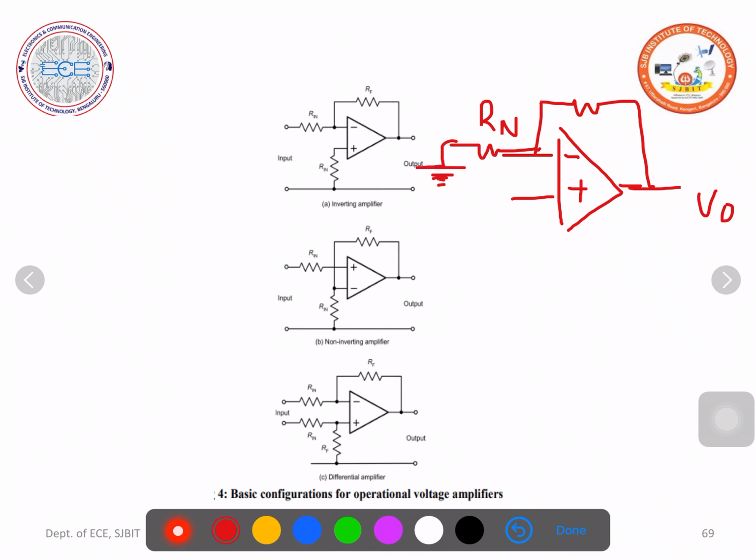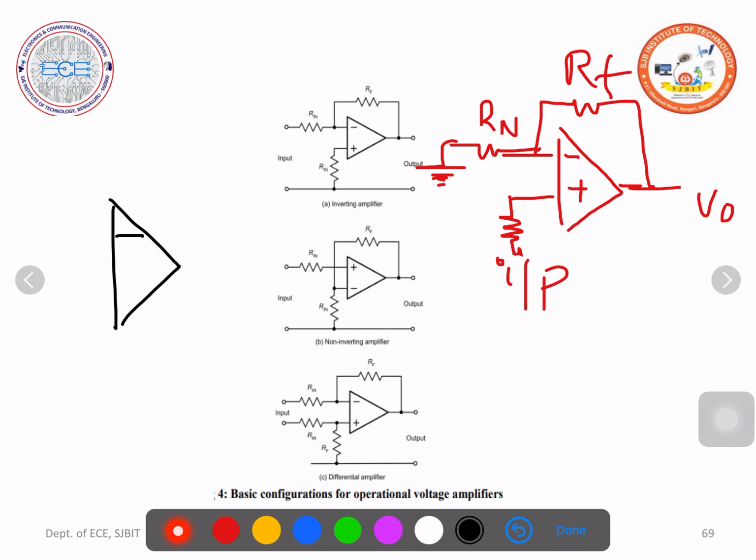Now we are talking about the non-inverting amplifier, so ground this, but apply the input to the non-inverting terminal. So this circuit is the same as this circuit. Whichever you feel comfortable with, you follow it.